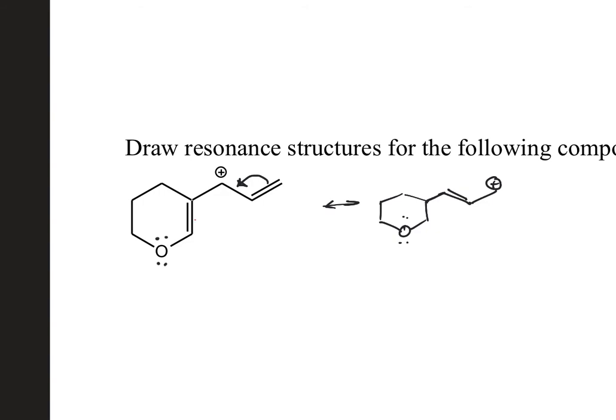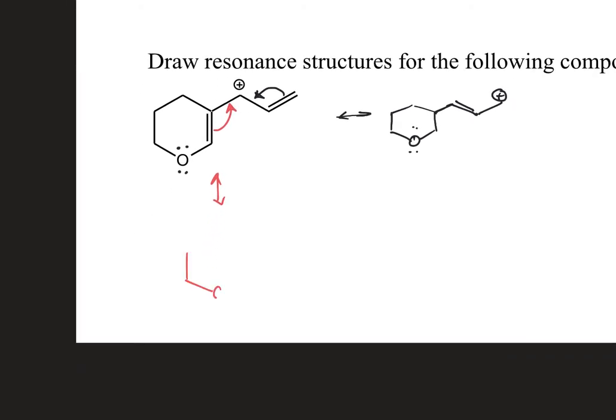You could move this double bond over as well to take care of that positive charge. All right, because the carbon here and the carbon there are doubly bonded. They're now singly bonded. The one at the bottom has essentially lost the electrons because the one up top still has the double bond.